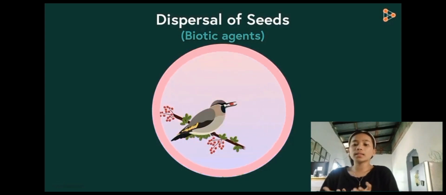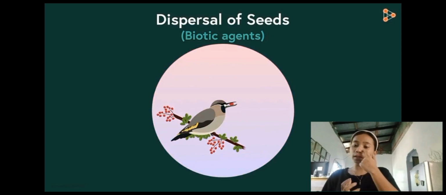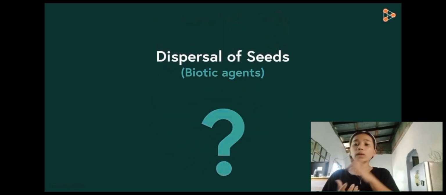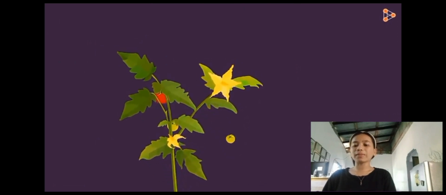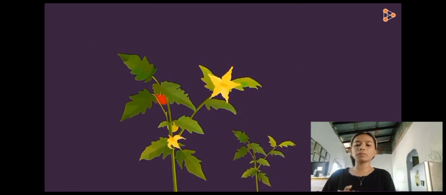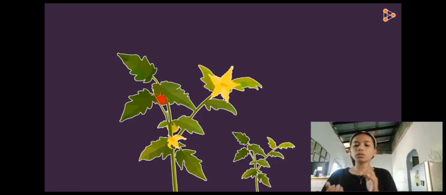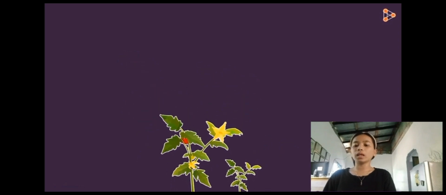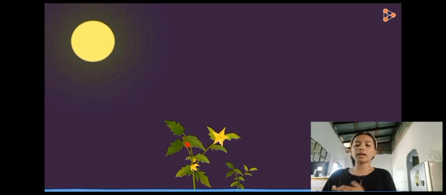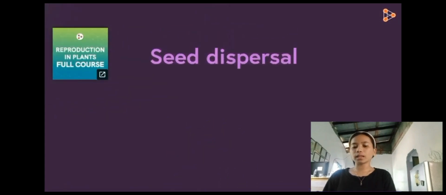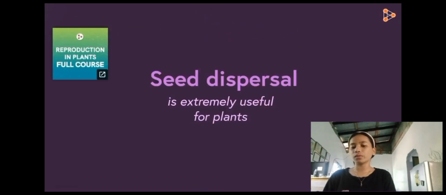This is how animals can help in far and wide dispersal of seeds. So what will happen if the seeds from the parent plant get planted near it? The parent plant would severely affect the growth and development of both plants. Why so? The two will start competing for sunlight and water, and that is the reason why seed dispersal is extremely useful for plants.